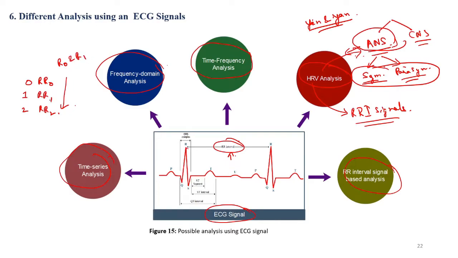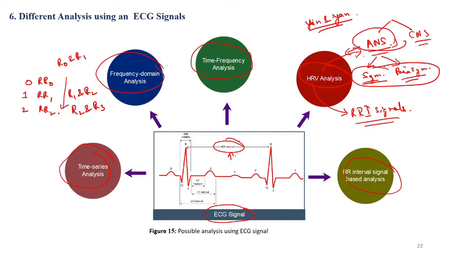Okay, RR1, what would be the component? The component will be the time duration between R1 and R2. Then what is RR2? It would be the time duration between the R2 and R3 peaks. Okay. So this is the basic difference between the ECG signal and the RR interval signals or HRV signals.